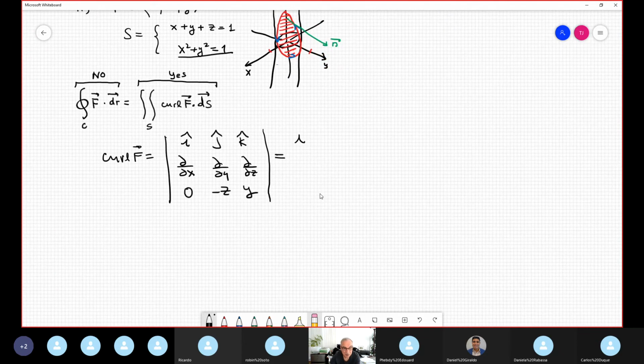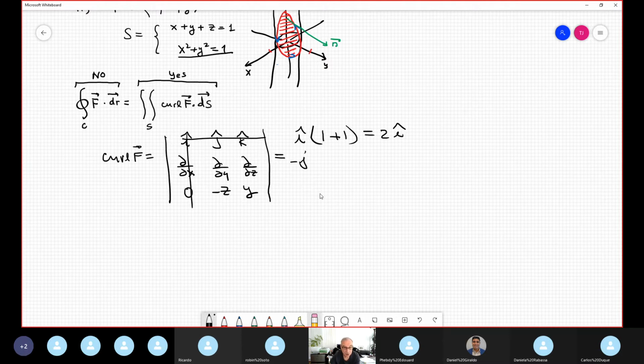Remember the component i, you delete this and this. Entonces, partial derivative of this is 1 minus partial derivative of this, which is negative 1. A negative 1 with another negative becomes positive. Wow, it's 2i.